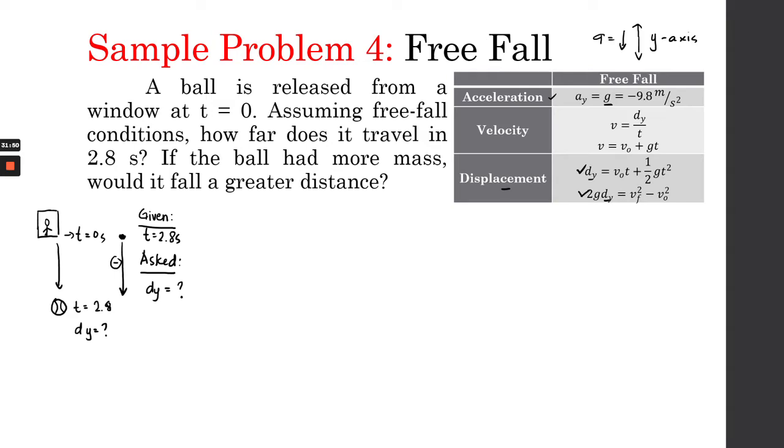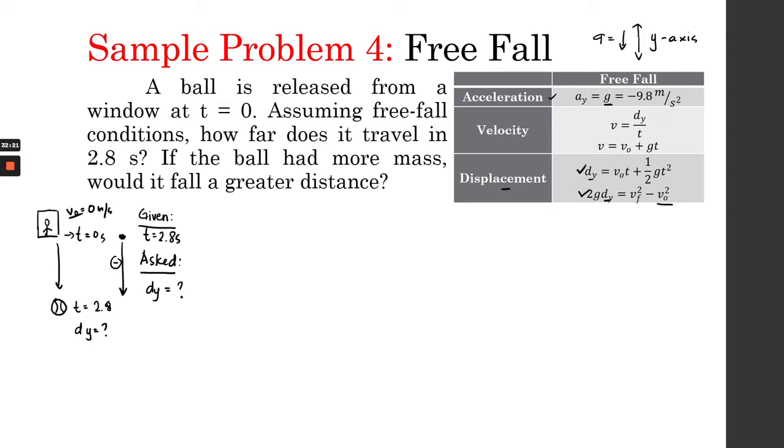But you may think, how about the initial velocity? They did not give us the initial velocity. Well, you can assume it, because when the ball was dropped, it was not said to be moving. So the initial velocity of the ball at the beginning is 0 meters per second. The ball was being held, not moving, until it was released.